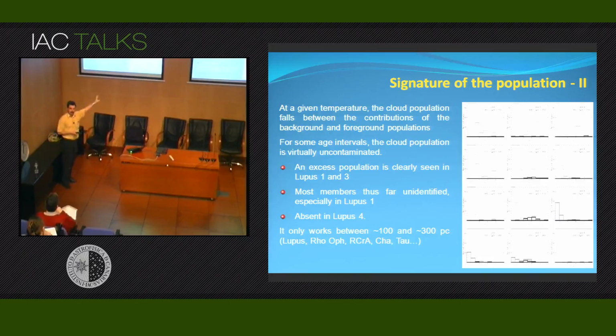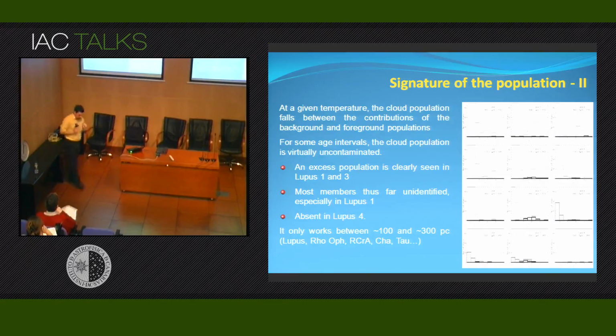To make them faint enough to become a substantial source of contamination of the population belonging to the Lupus clouds, we have to place them very, very far away, so far away that they go out of the galaxy, to regions of very low star density. Therefore, we expect to find very few background contaminants at relatively faint magnitudes.